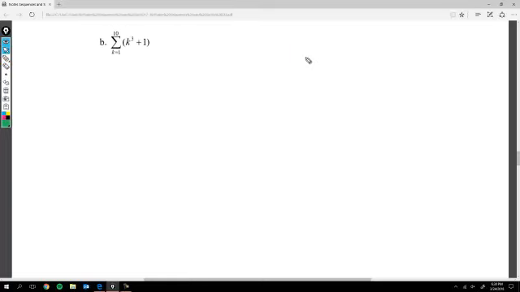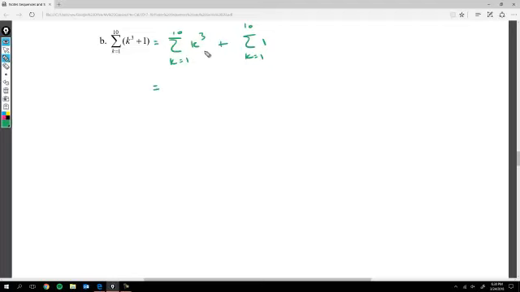All right, one more example. So this time I have a cubic and I'm adding 1. So remember, if I have a plus sign in my function, I can split this into 2 sums. The reason why I would do that is because it just makes going about this a lot easier.